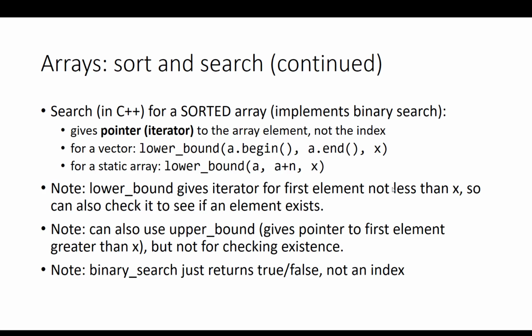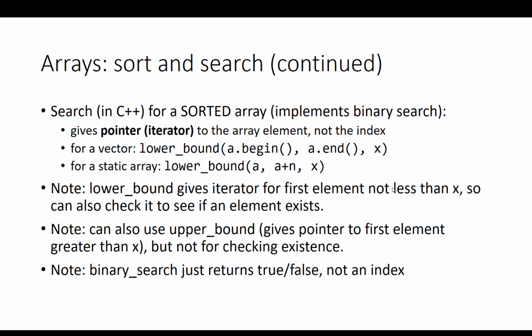And so if you call lower bound, again, with the beginning and then one past the end of the vector or array, and the thing you're looking for, what you get back is an iterator that points either at that array element or the thing right after. Okay, so it's the first element that's not less than x.